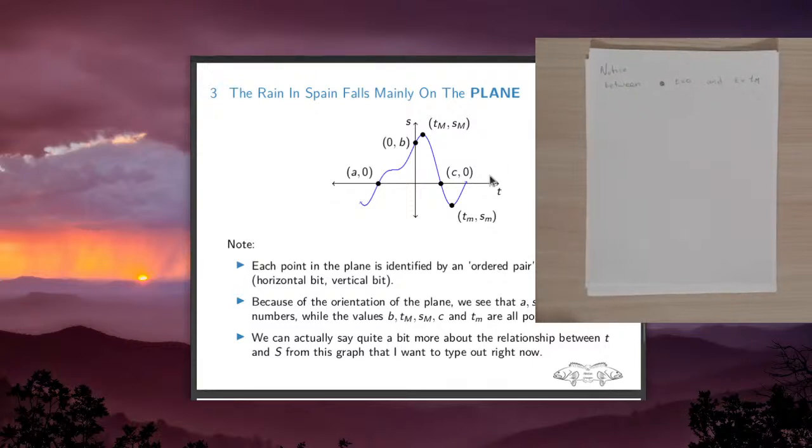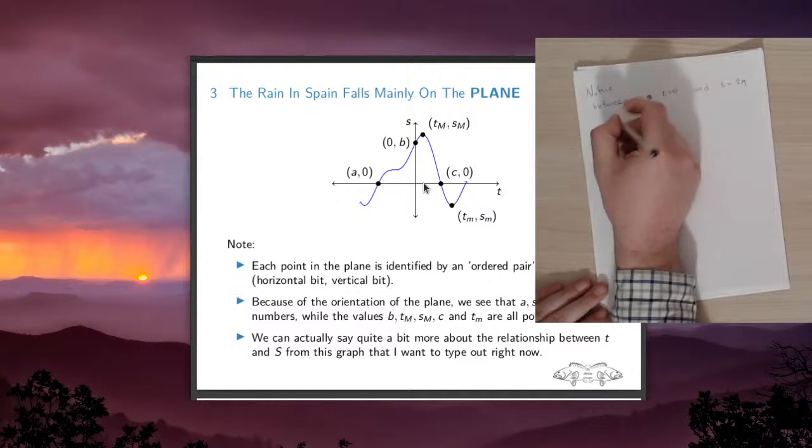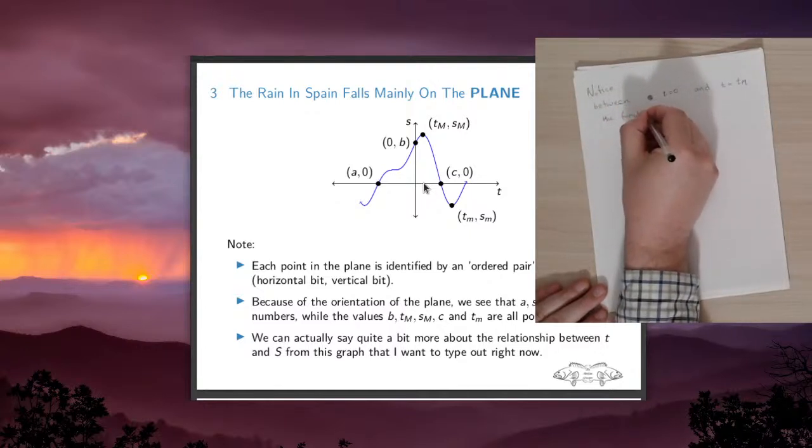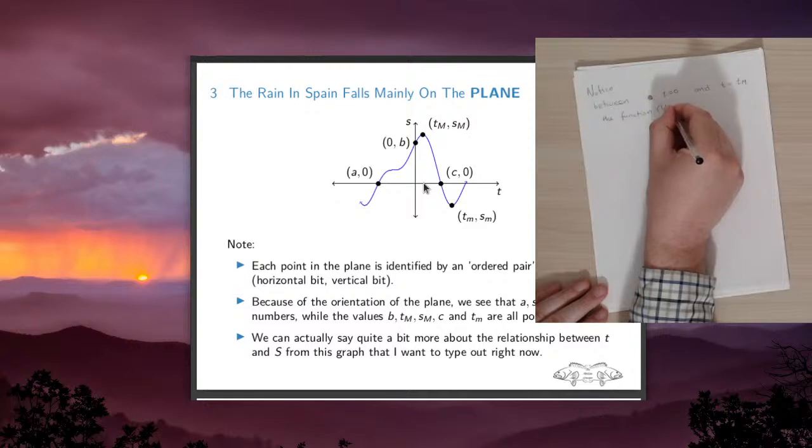So we're asking, what is this blue thing doing between here? Here's where the horizontal component is 0. And then over here is where the horizontal component is t sub big M, right? Well, we could say essentially that the function is increasing. It's this thing in blue.